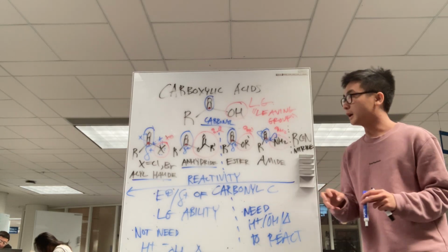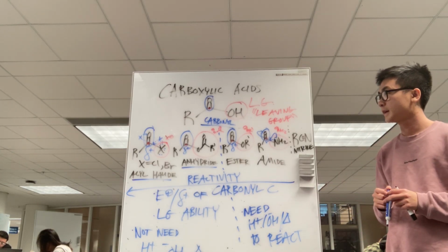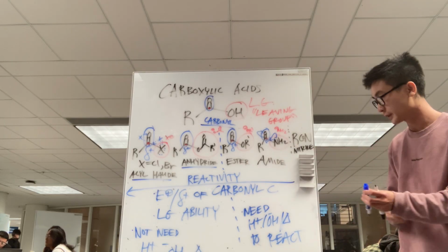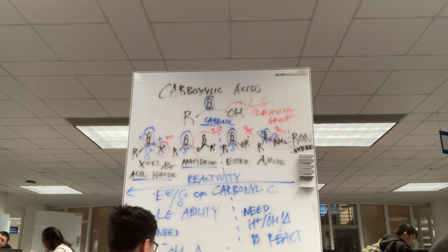Now there are going to be three main types of reactions that we can do with these carboxylic acid derivatives. The first one that I want to go over with you guys is reduction with the reducing agent.